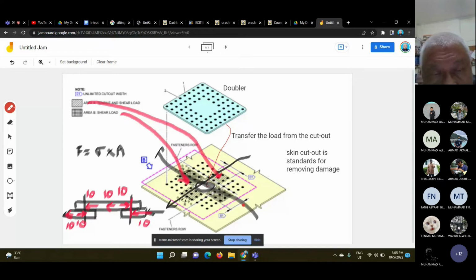They are unable to understand why we need to calculate the number of rivets, because the calculation of the number of rivets is based on how much load we want to transfer, as well as the thickness of the doubler, which is also important to transfer the load. So the thickness of the doubler also ensures we are able to transfer loads across the cutout.